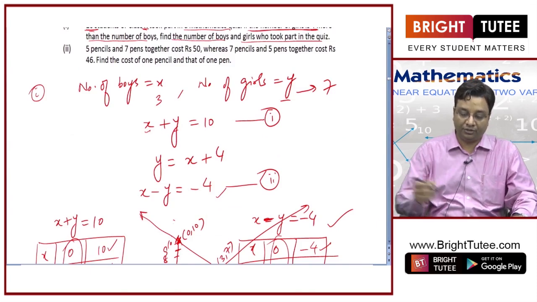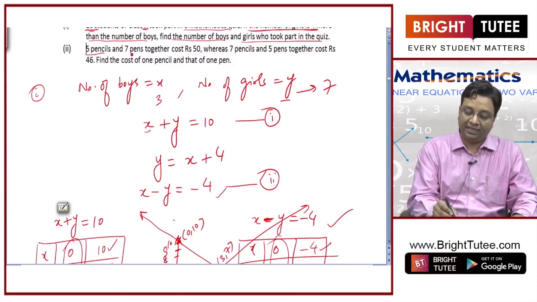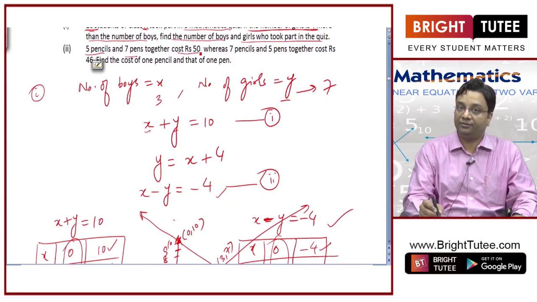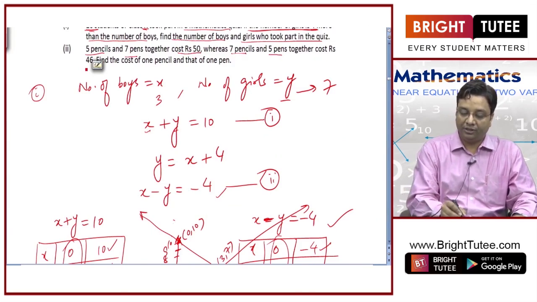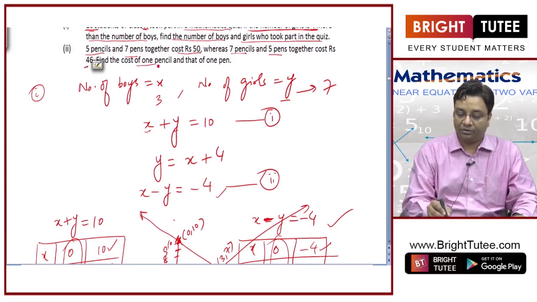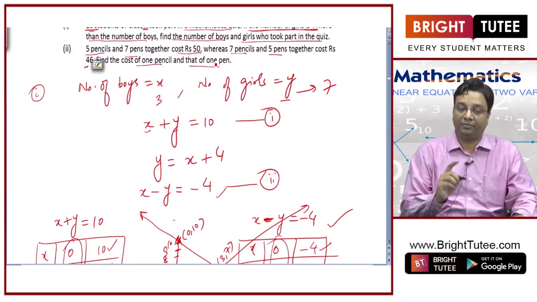So, the second part of this question is: 5 pencils and 7 pens together cost rupees 50, and 7 pencils and 5 pens together cost rupees 46. Find the cost of one pencil and that of one pen.